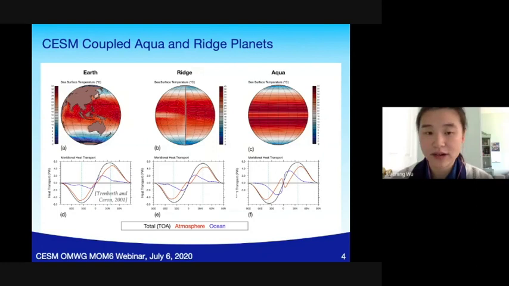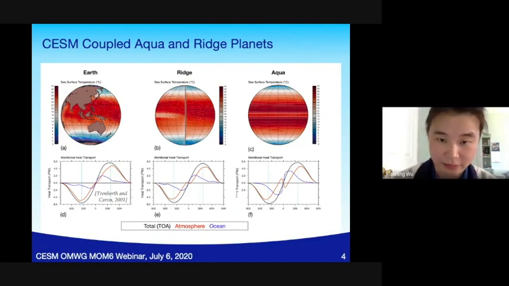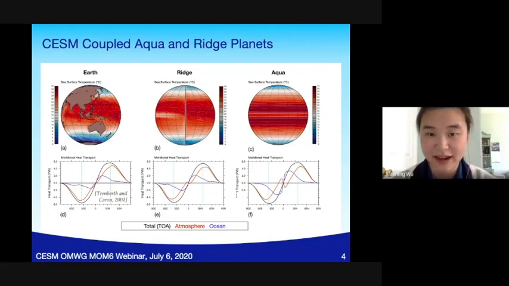One of the aspects that could be investigated by this kind of idealized setup is the impact of ocean geometry on the meridional heat transport. Here is a quick snapshot showing the Earth observations used in CMIP simulations and our idealized Ridge and Aqua planets.